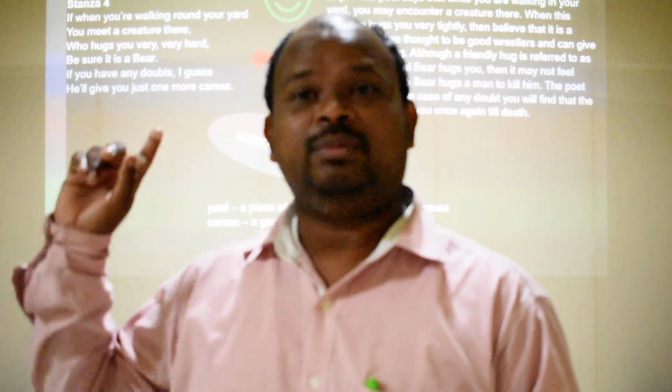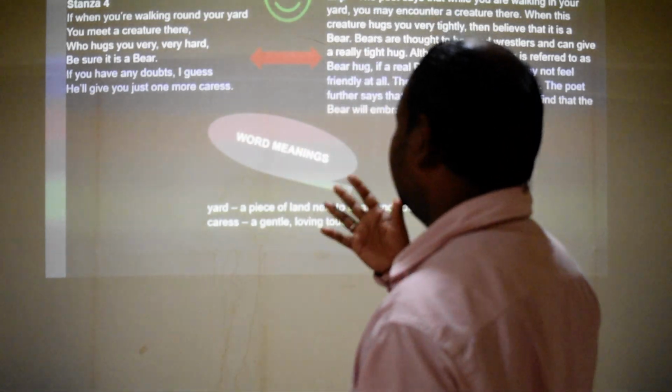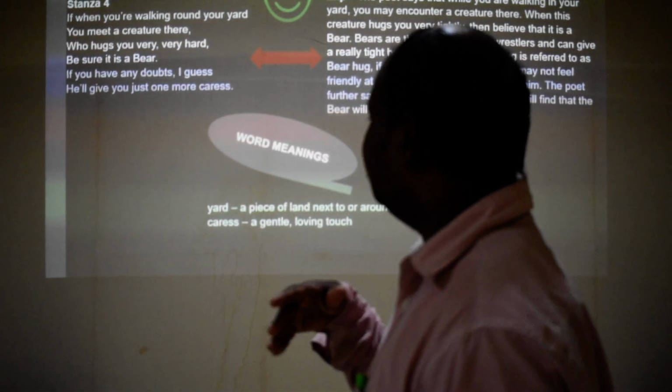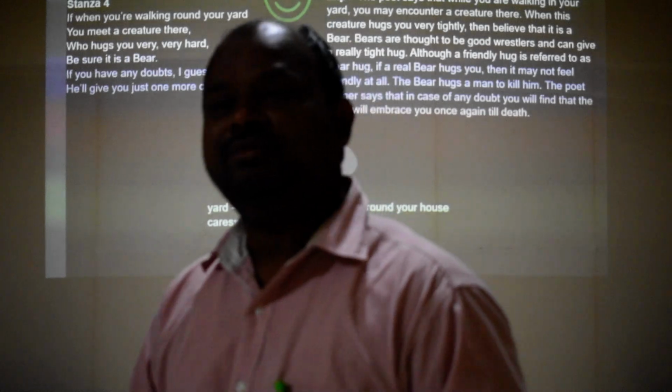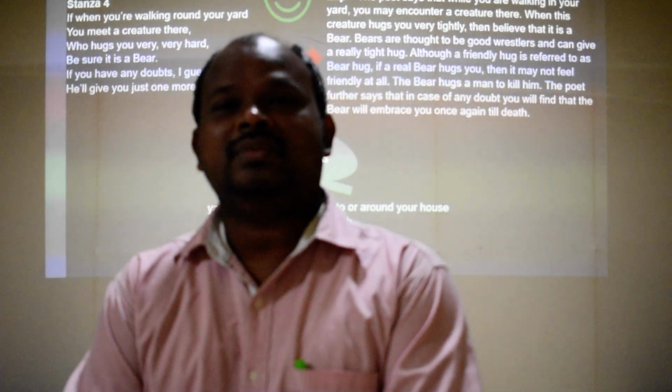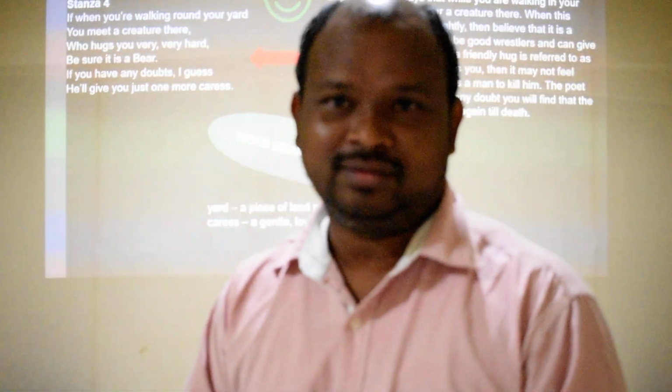As we saw in the objective of this poem, this poem is also meant to entertain us, to read it in a humorous way. He's explaining in a humorous way. And that's why it says, if you are walking around your yard, you meet a creature there who hugs you very, very hard, and it's going to be a bear. But my dear students, it's not going to be so pleasant to hug. We may like to hug a teddy bear.